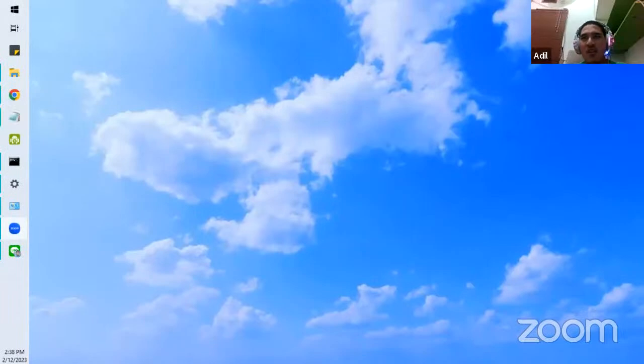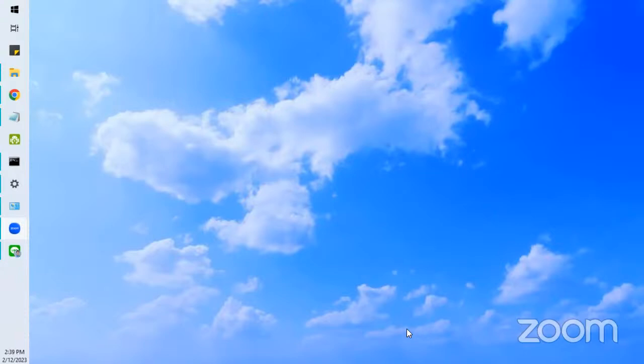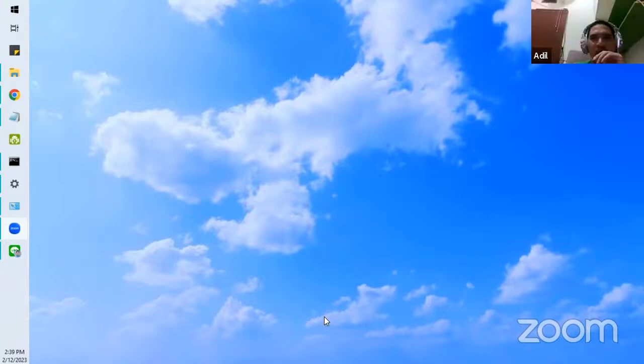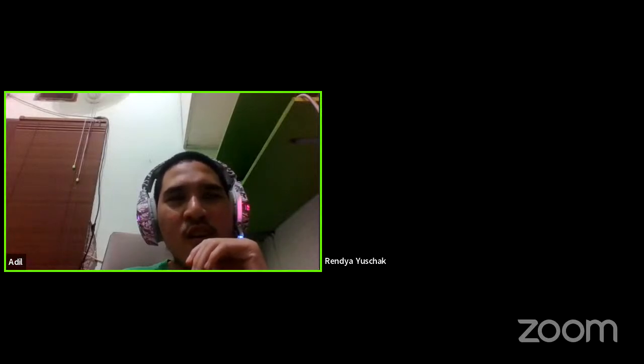Maybe let me test my second screen. Can you see my second screen? Can you please try to share screen on your side? Okay. Hold on. Can you see it? No, I can't see it.